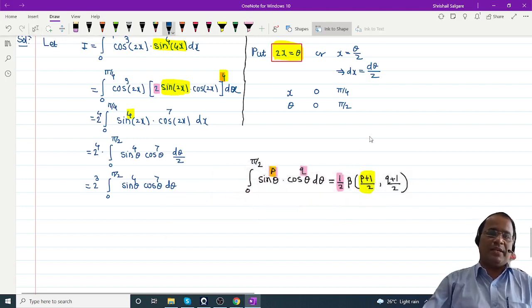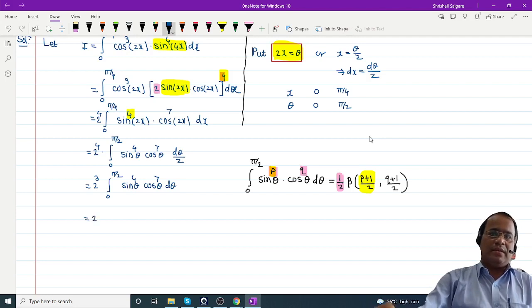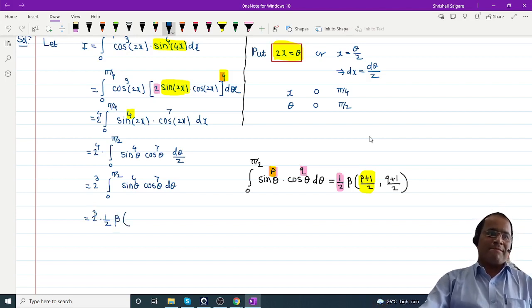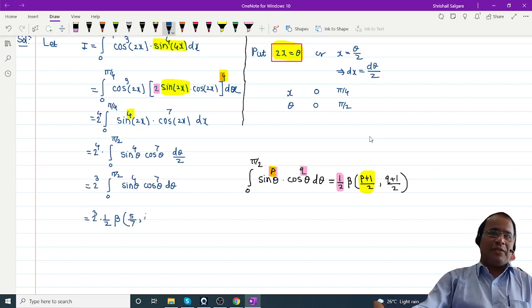So 2 raised to 3 is there outside, into 1 by 2 beta of, can anyone tell what will be the first parameter? 5 by 2, and the second one is 4. Now further it is nothing but 2 raised to 2, using the gamma property.